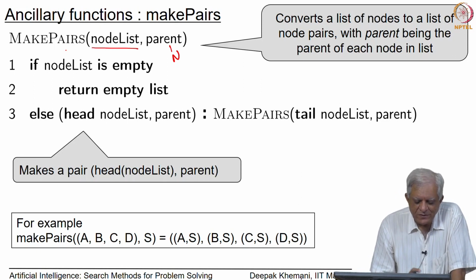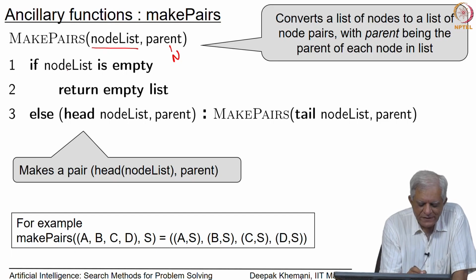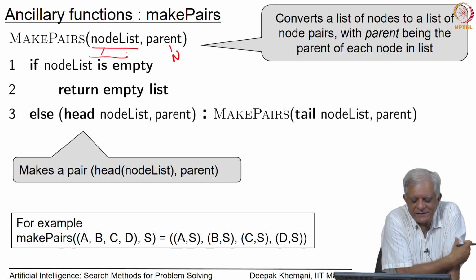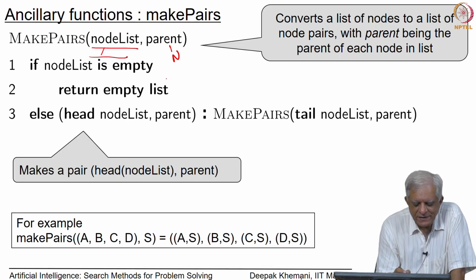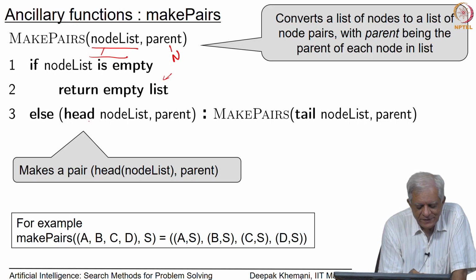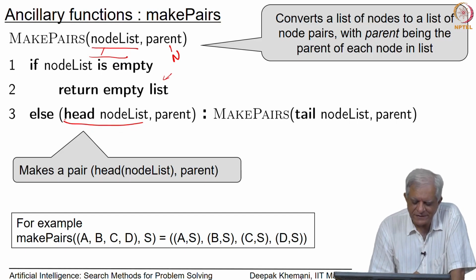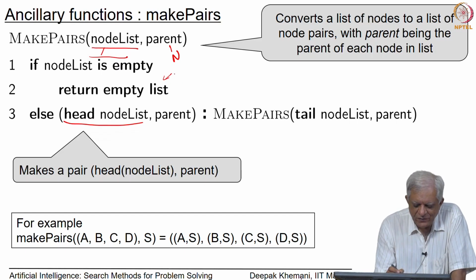And the make pairs is as follows: if this node list is empty, then we are done, we do not need to make any more pairs, and therefore, we can return the empty list. Else, we take the head of the node list, which will be a node, which will be a state in the state space, and the parent of course, we have n, and we make a pair out of this.